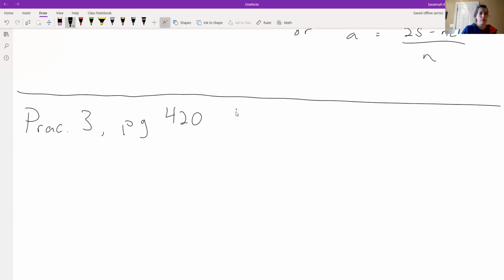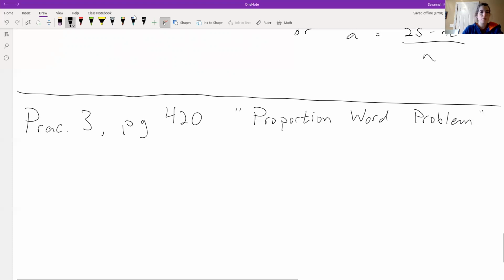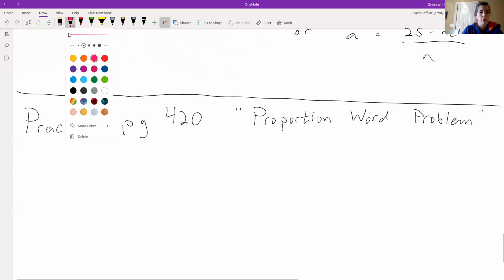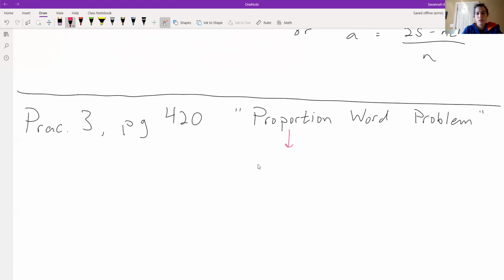Okay, so these 2 problems that I'm going to work are examples of proportion word problems. Okay, and a proportion, just before we even dive into that, is 2 ratios set equal to each other.